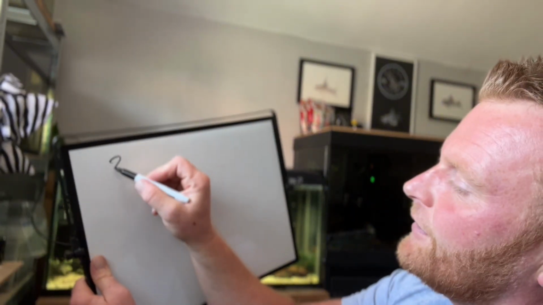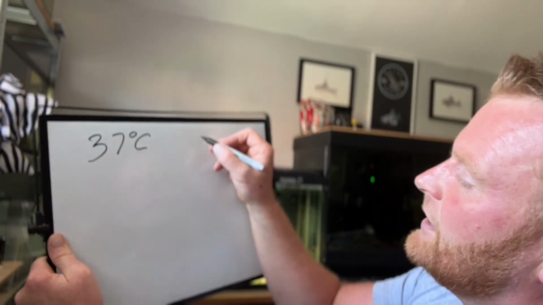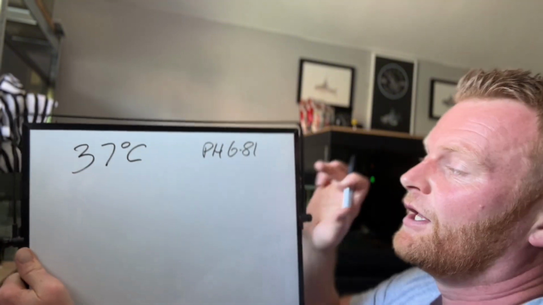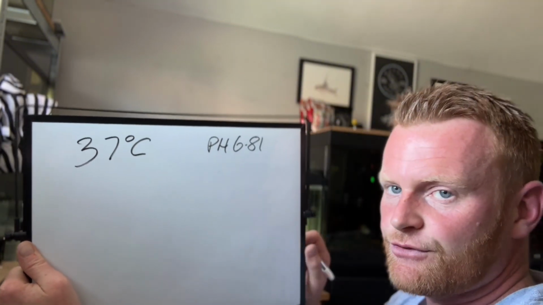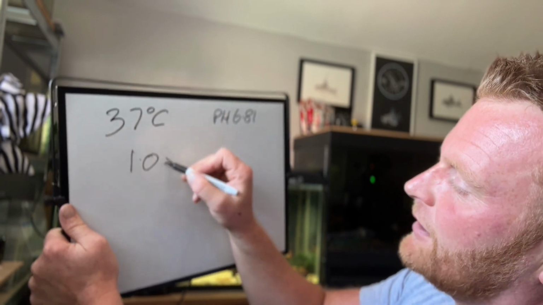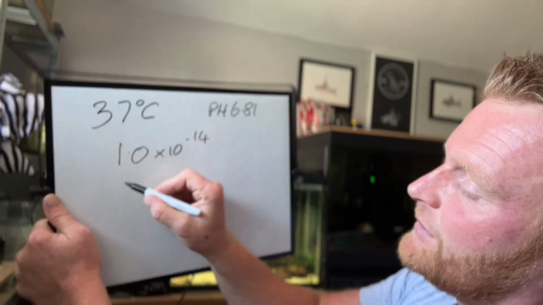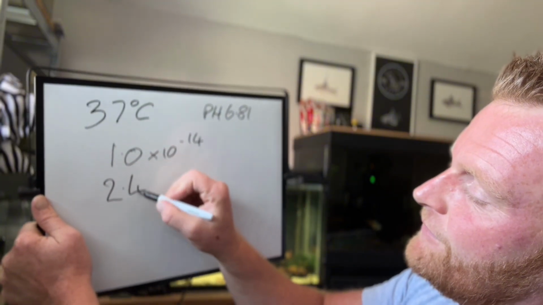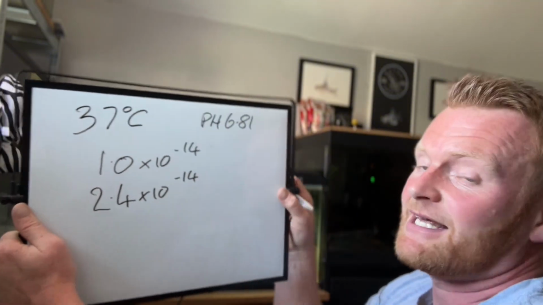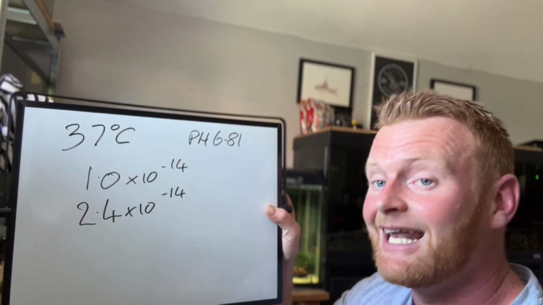Now, at 37 degrees C, the pH is around 6.81 when it is chemically neutral. And that is because the 1 times 10 to the power negative 14 has become 2.4 times 10 to the power negative 14. Now, let's not get into the fact that there's no such thing as cold and only a lack of heat.